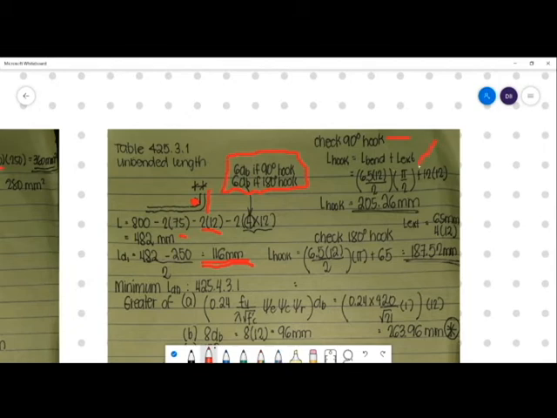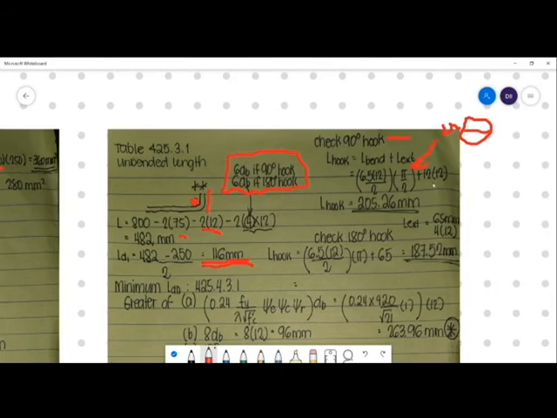What I did here is just the sector of a circle, the r theta. So 6.5, because 6 plus half of the diameter over 2, multiplied by, since it is the center of the bended bar, multiplied by pi over 2, which indicates 90 degrees, plus 12 multiplied by 12.